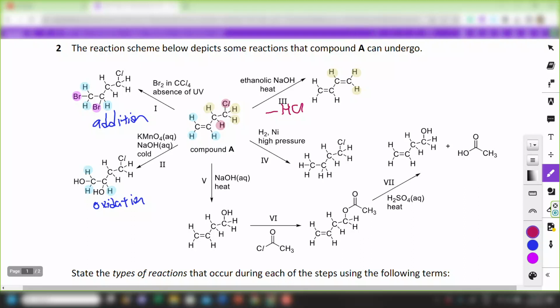Then for reaction 4, the condition is hydrogen, nickel, high pressure. This might be familiar from what you have learned in secondary school. It is what we call catalytic reduction. That means that for the C=C double bond, the pi bond, you have H being added across it. Through a mechanism not really called addition, but in this case you can call it addition if you want.